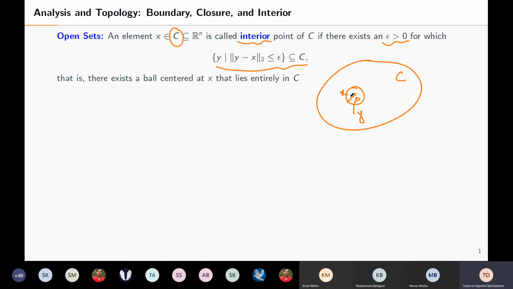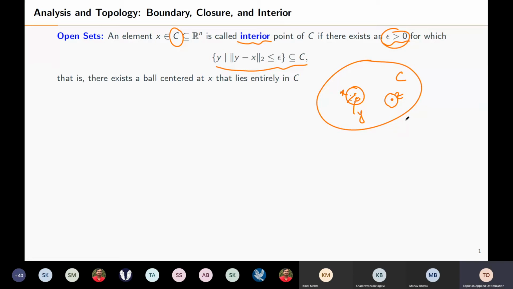You can find it around x, entirely contained in C. And for another point z, I will declare z an interior point if I can find an epsilon ball. There exists one, so it's enough to produce one epsilon ball that is completely inside C.